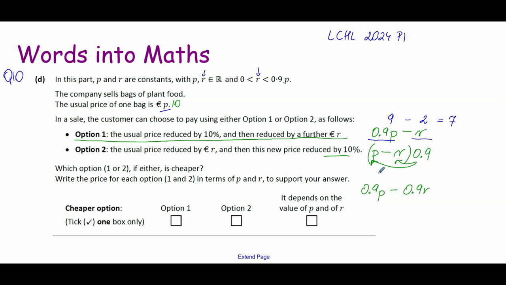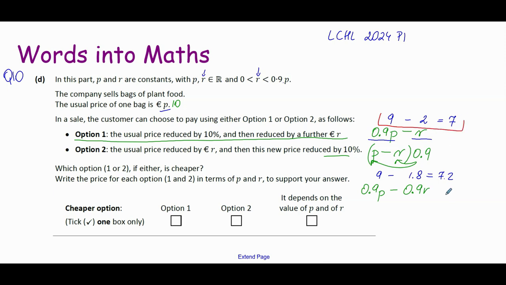And then here again, from 9 euro, I take away only 90% of 2. Now I need a calculator for that. Let's see what's 90% of 2 euro, 1.8. So minus 1.8, which is 7.2. Even without me doing the calculation, we can see that this one is a better reduction, isn't it?